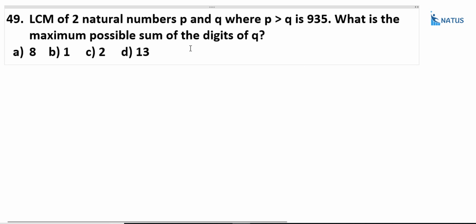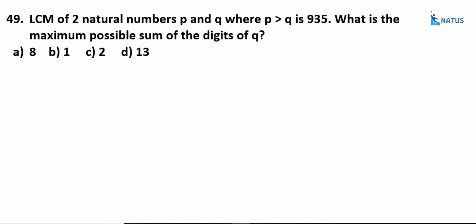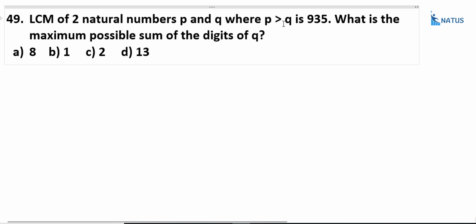The LCM of two natural numbers P and Q, where P is greater than Q, is 935. What is the maximum possible sum of digits of Q?